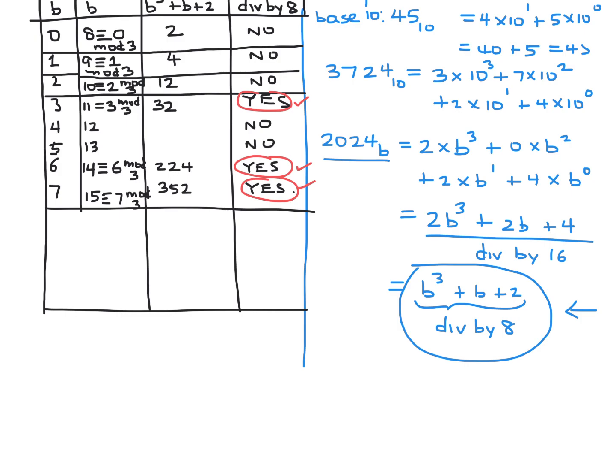So, for example, from 0 to 7, for values of b, you get 3. And those 3 in particular were b equals 3, b equals 6, and b equals 7 from the table. Sorry, this should have been 0 to 7.